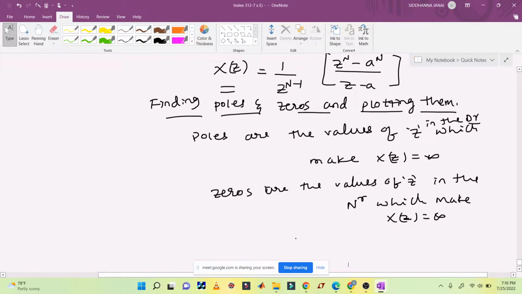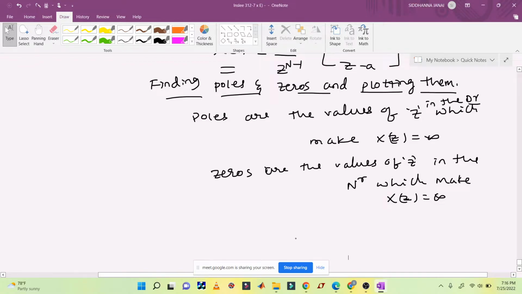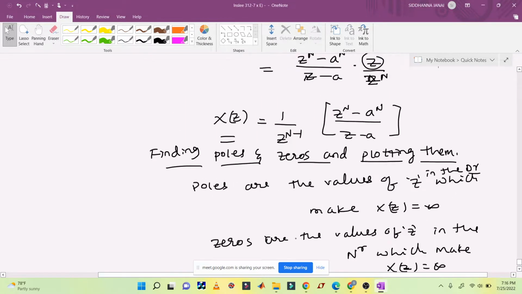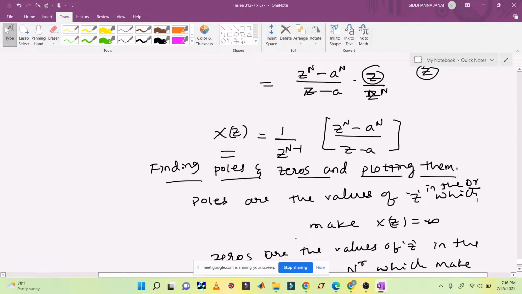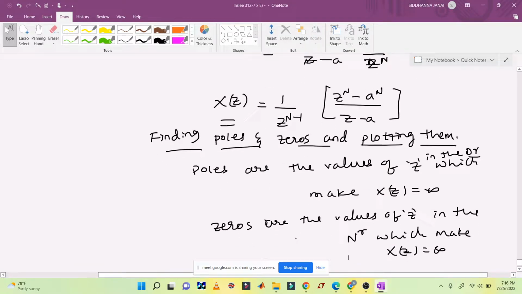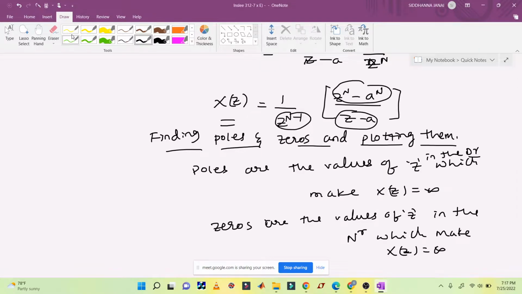So these are the values of z we need to find out and call them poles and zeros. So for us, we need to look into the denominator for poles and the numerator for zeros.